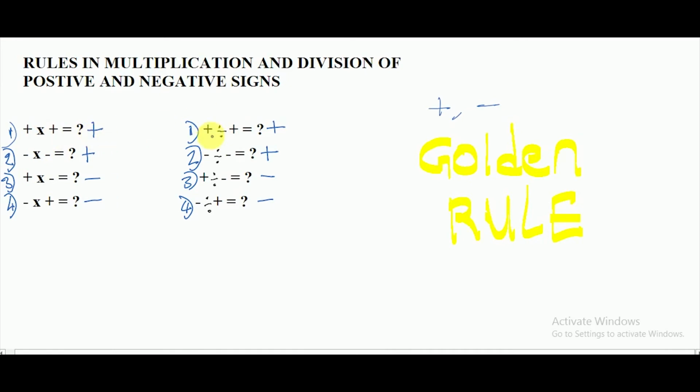Plus divided by plus gives us positive. Why? Because they are two identical signs. Once you know this, it will guide you in solving questions like 2 times plus 2, or 2 times minus 2.